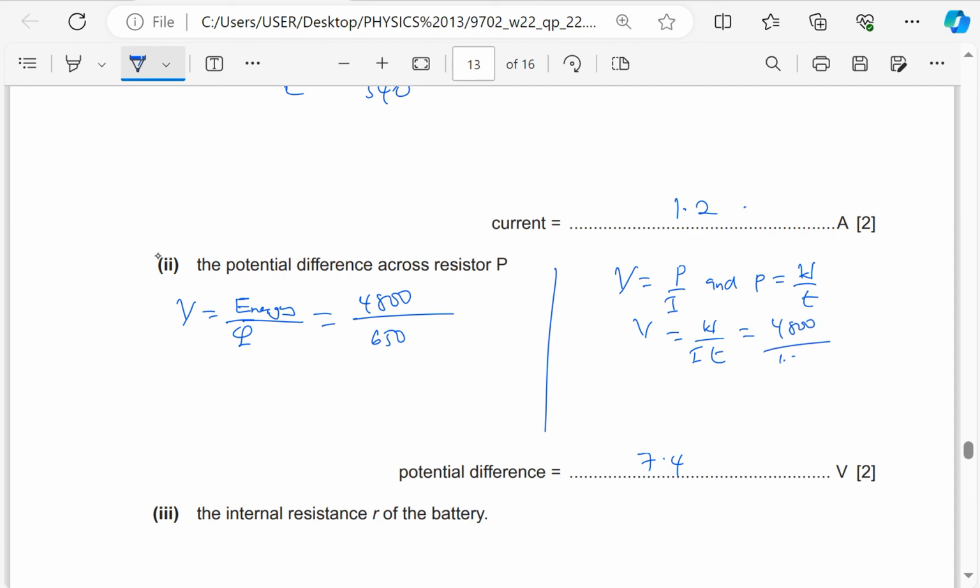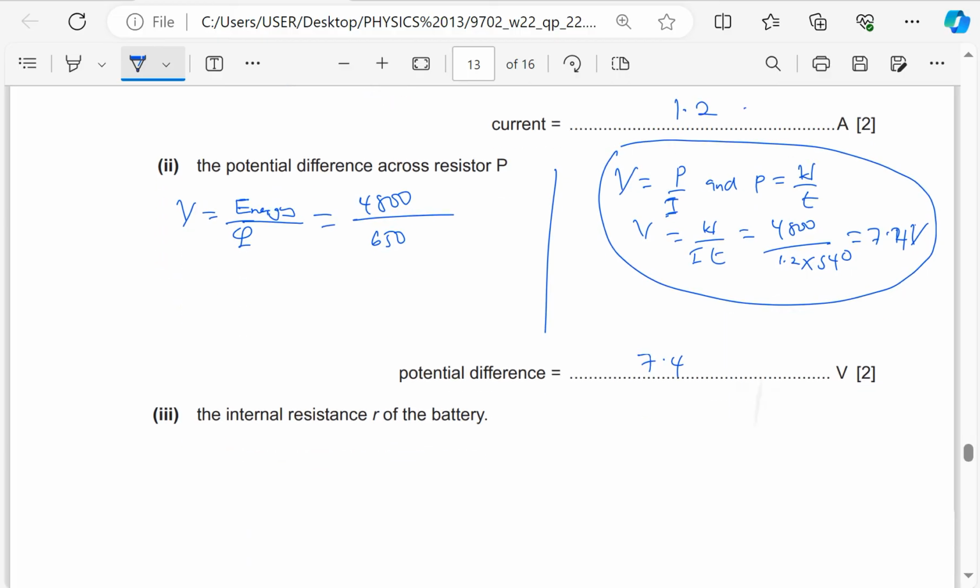The current is 1.2 times the time, 540. I think it gives you 7.4 volts. So this is another alternative. I used power is equal to IV, but power is also work done or energy transferred over time.